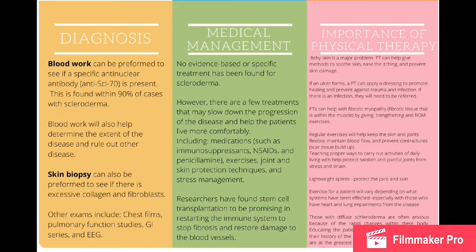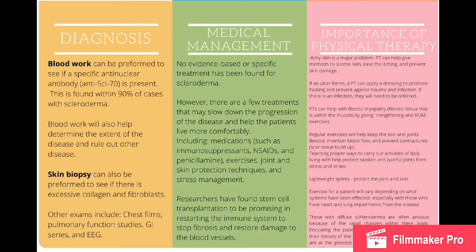The diagnosis of scleroderma can be determined through blood work and skin biopsy. The blood work will test for a particular antibody, and the blood work will also rule out other diseases that may present similar to the early stages of scleroderma.